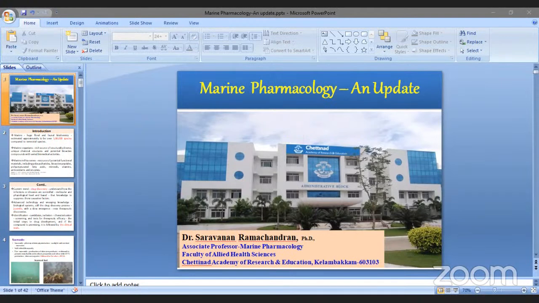In addition, marine organisms are rich sources of structurally diverse, unique chemical structures and potential bioactive compounds with varied biomedical activities. These include antimicrobial, antiviral, anti-cancer, and other biological applications in the biomedical field.